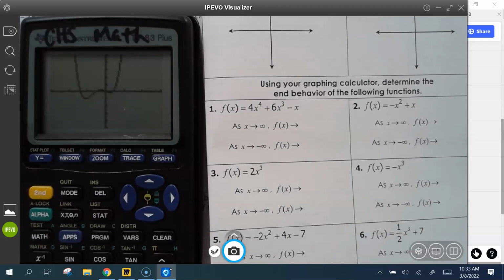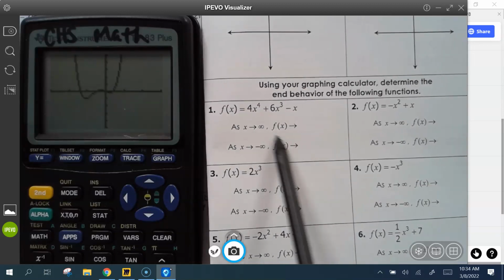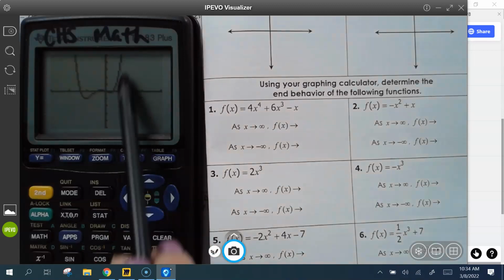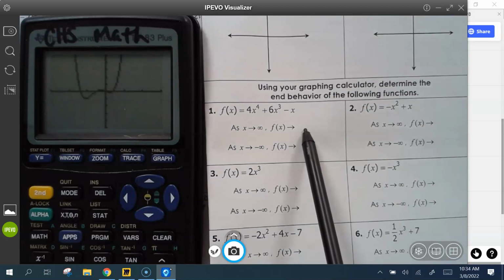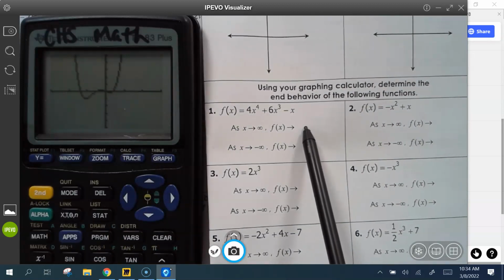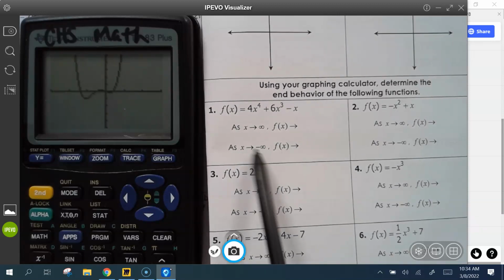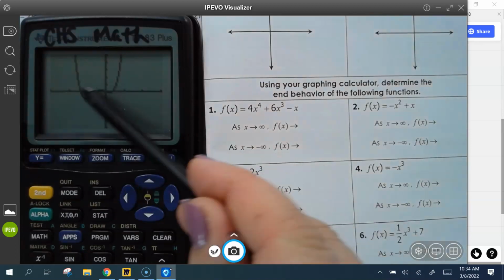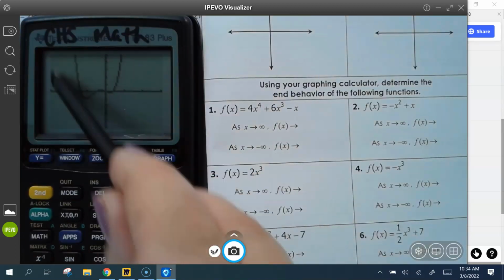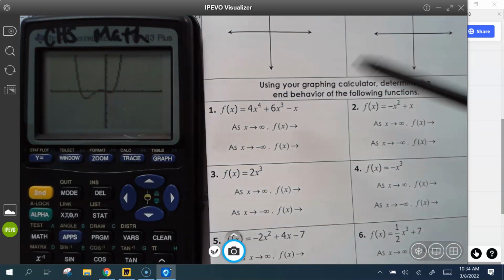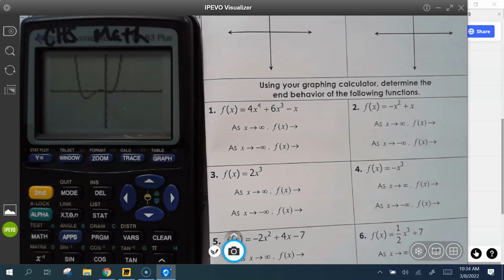The right side of the graph. So as x goes to positive infinity, what is my graph doing? Is it going up or down? It's going up, so this would be infinity. Does that make sense? The second line says as x goes to negative infinity. So as I go further and further this way, what is that side of the graph doing? It's still going up. So in fact, both of these are positive infinity. Does that make sense? Remember when we did the end behavior?